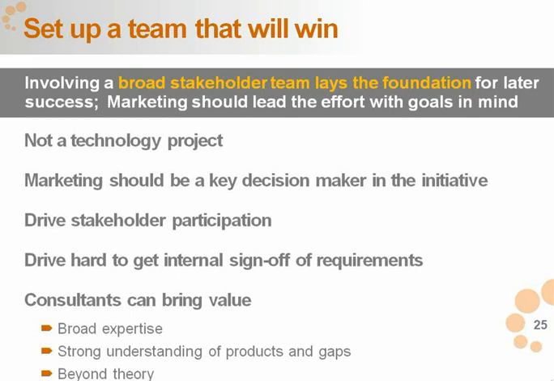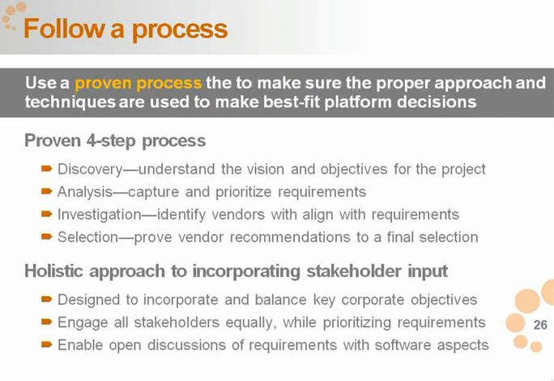The other thing is follow a process. As I said before, we ourselves follow a process that we've developed over the years and have refined and matured. But there are a lot of processes out there that work. You may look at a variety, but make sure that they address some of the due diligence areas that we need to look at. Our process really is around 4 steps.